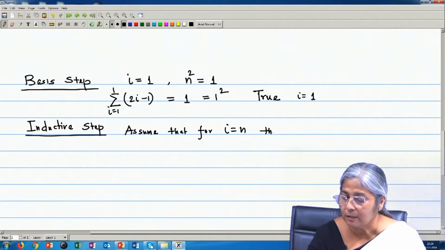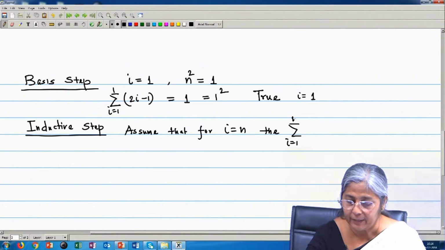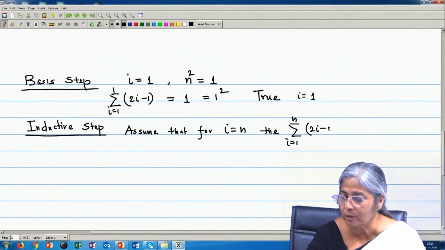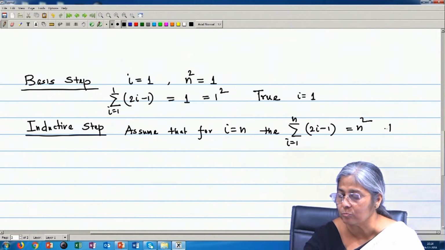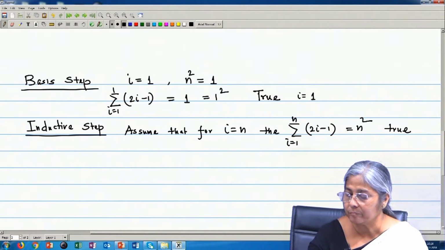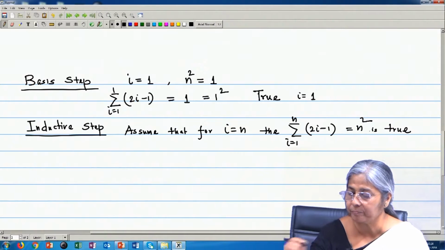In this case, the formula for this sum, the sum for i equal to 1 to n of 2i minus 1 equal to n square, is true.